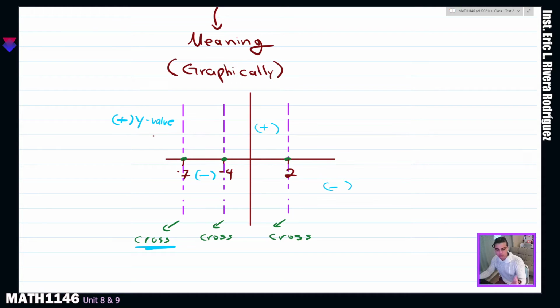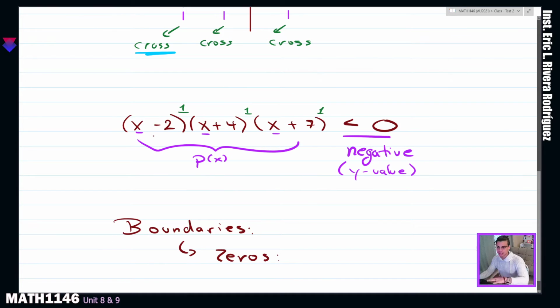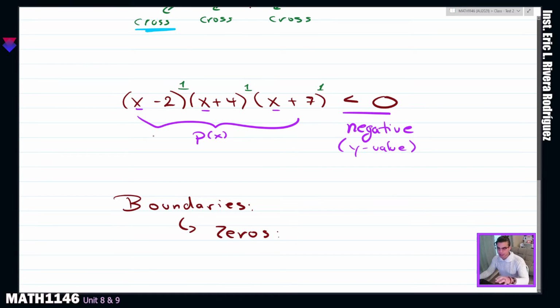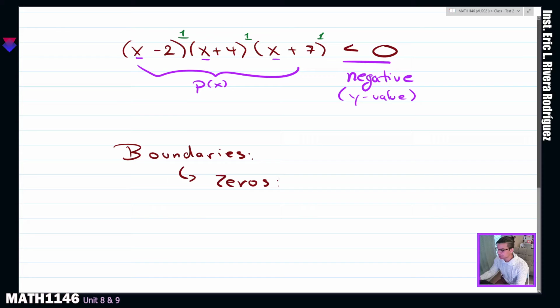It's like a neutral sign there, right? So that is how the zeros are going to be working here, because we are looking for a solution for less than 0. The zero of this polynomial works as the boundaries between positive and negative behavior of the values of the polynomial.